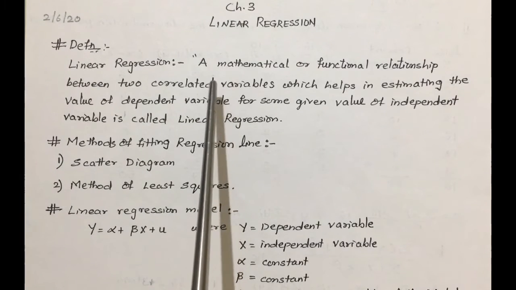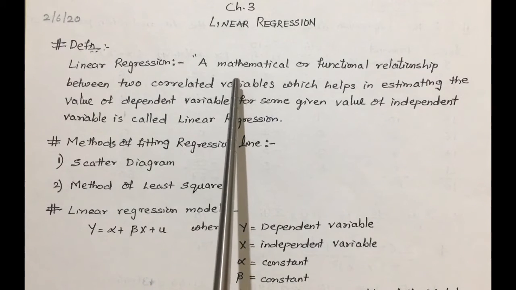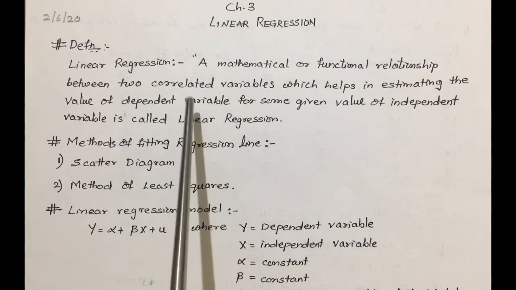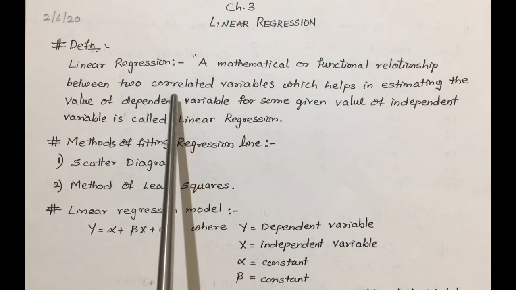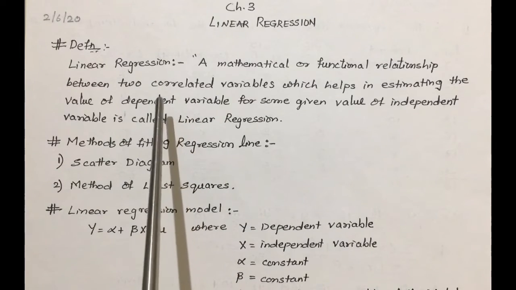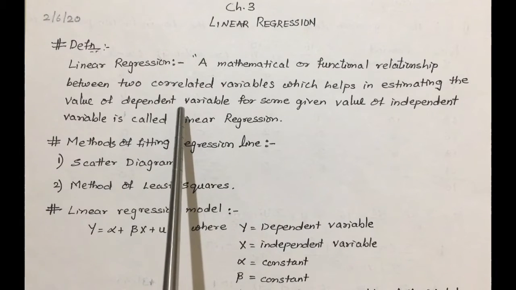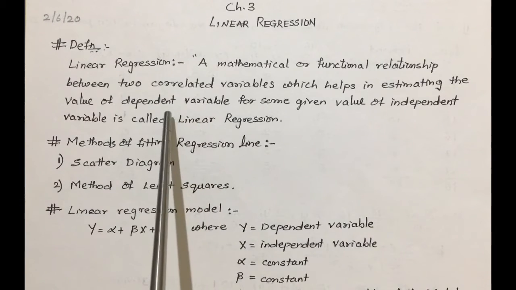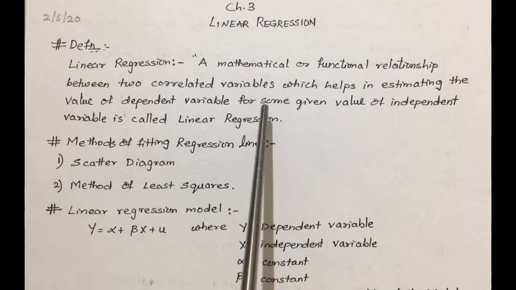Now in this, the definition says that it is going to be a mathematical relationship between two variables. Normally we will take the variables as x and y, and both the variables will be correlated, and in that one variable will be dependent variable and another one will be independent variable.